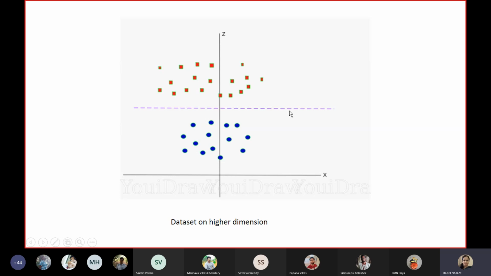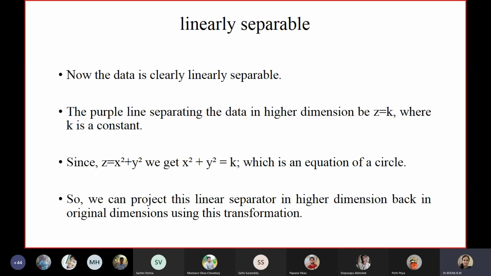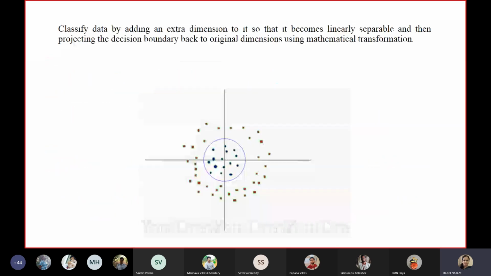If you add this z-axis, these points are lifted up and the graph becomes three-dimensional. So it becomes easy to categorize the data points into different classes. Now you can see that if we shift from 2-dimensional to 3-dimensional, you can group the data points into particular categories.